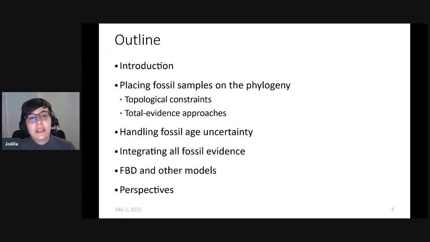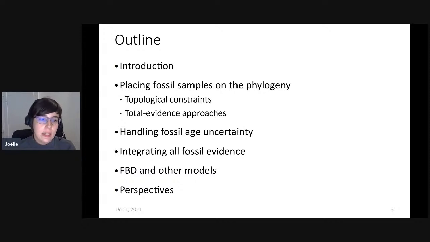So I'm going to give a quick outline of what I'm going to speak about. First I'll reintroduce the FBD process to remind everyone what we're talking about. Then I'm going to go through some of the practical challenges that you can encounter when you're looking to apply the FBD process to empirical datasets. The first challenge is how you place fossil samples on the phylogeny.